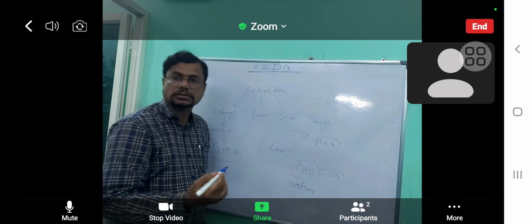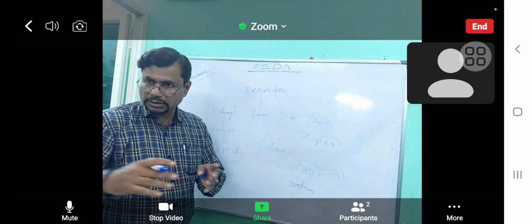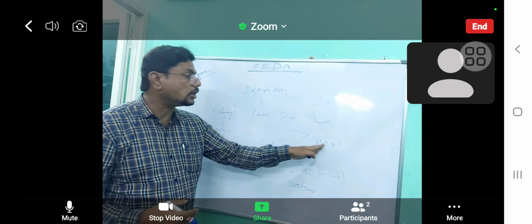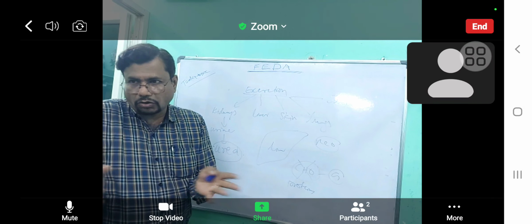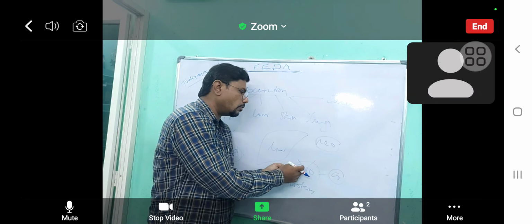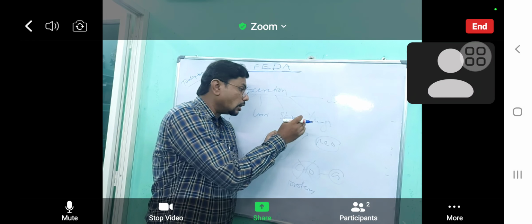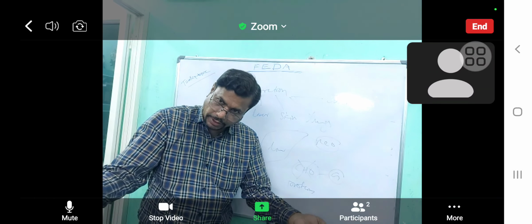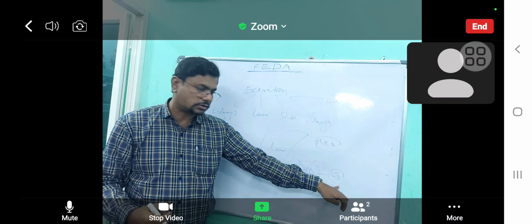From proteins or from lipids also we will get glucose. That is called neogenesis. Glycogenesis is very simple: breakdown of carbohydrates to give glucose. Gluconeogenesis means getting glucose from sources other than carbohydrate.